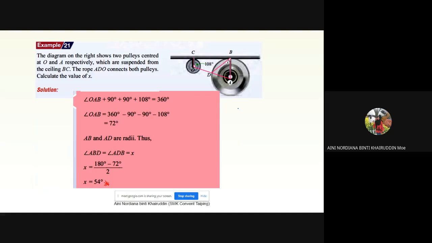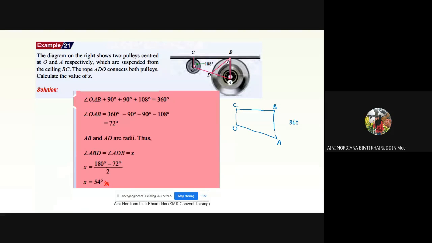I take out the quadrilateral. Okay, like this. So this is C, D, A, O. OCBA has 4 sides. So the total angle is 360. This one you have learned in your Form 1.